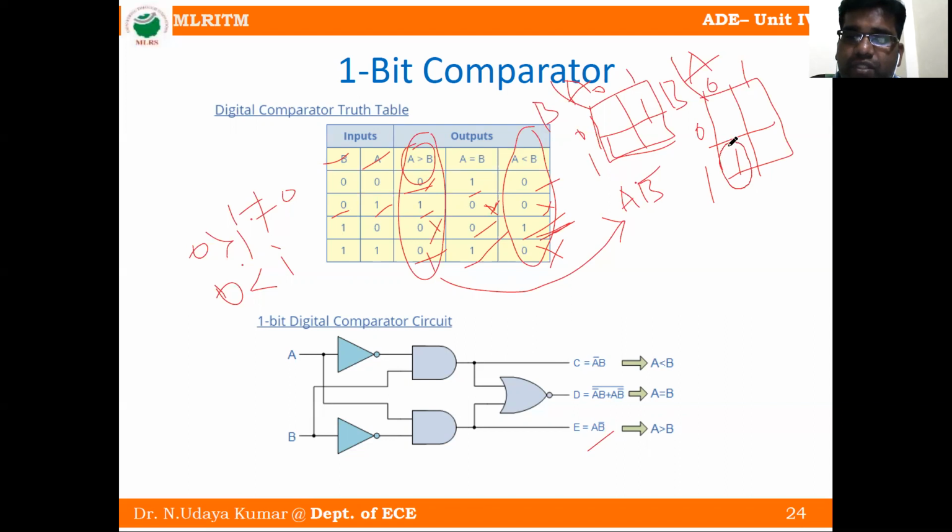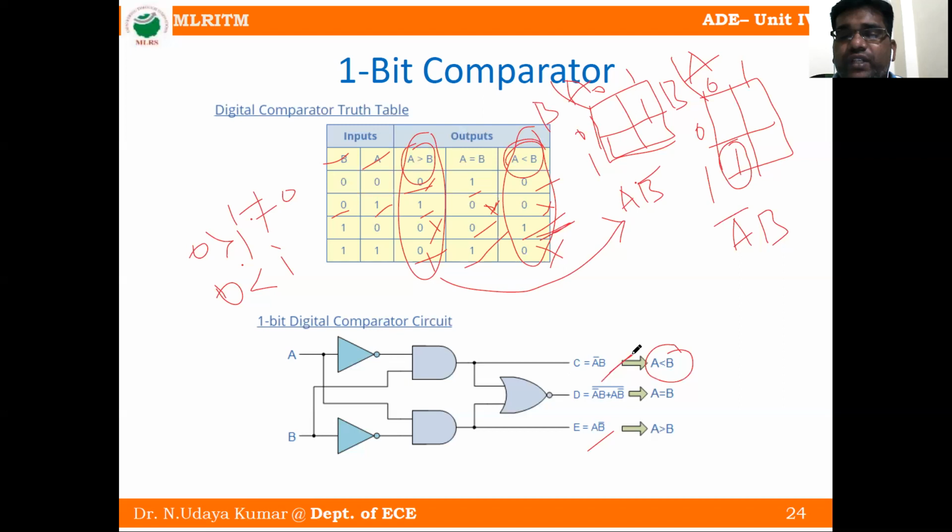So we map: this vertical term, 0, means A bar, and the horizontal line means B. So this is called A bar B, for A less than B.